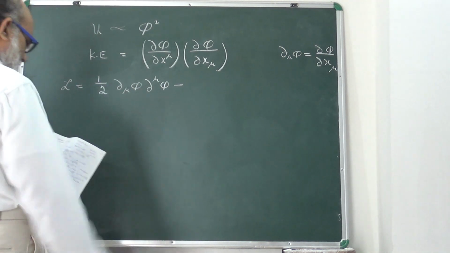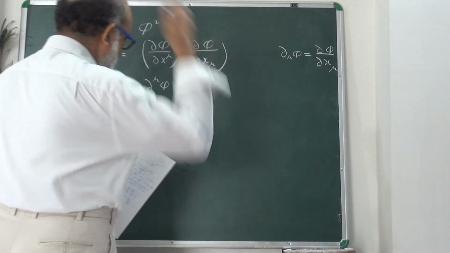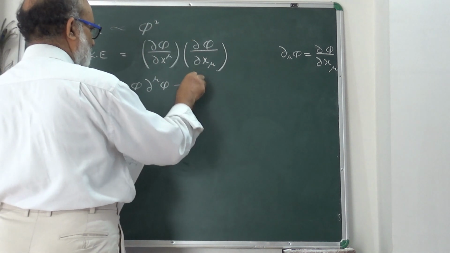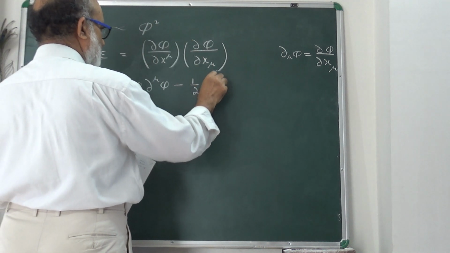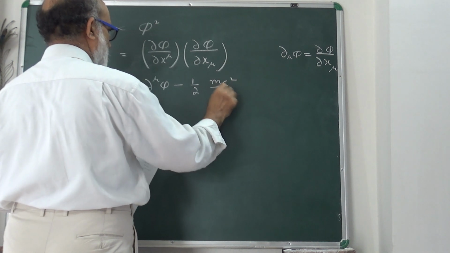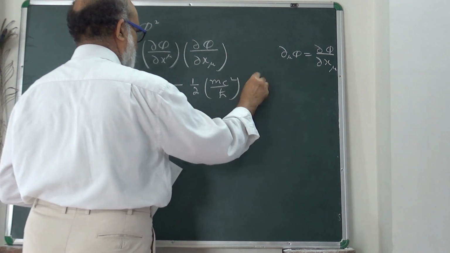Kinetic energy minus potential energy, which I have taken as mc square by h cross phi square.